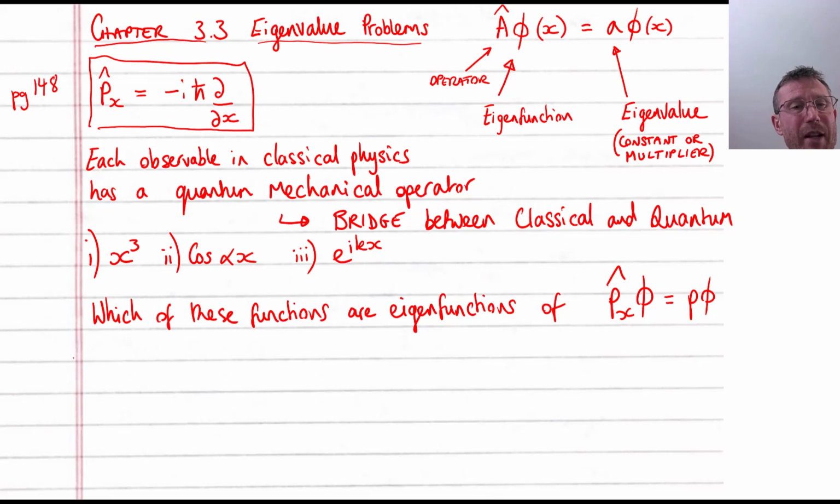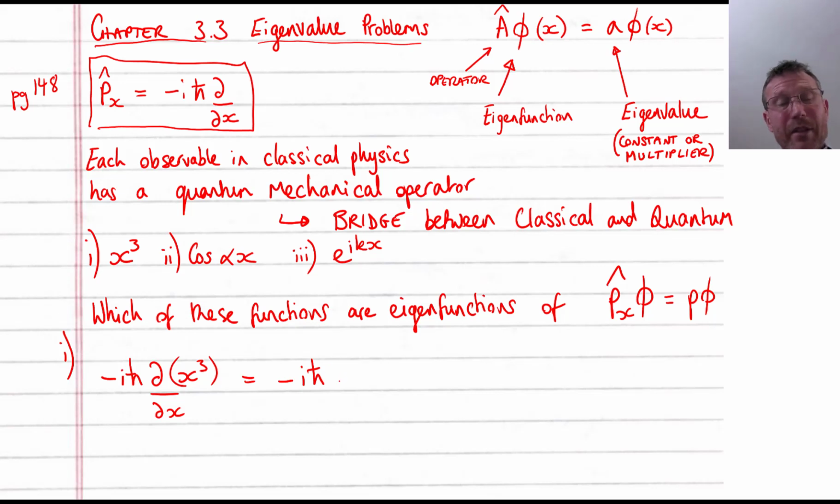Let's jump straight in with number 1, x cubed. Let's apply our operator, minus i h bar d by dx, to x cubed. That ends up being equal to minus i h bar times the derivative of x cubed, which is 3x squared.